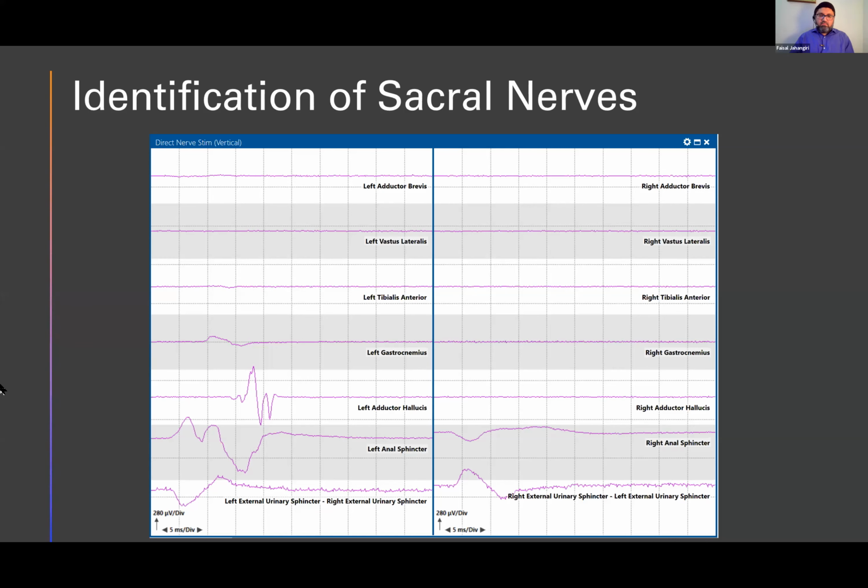So the autonomic nervous system supplies your bladder muscles, your rectal muscles, and the prostate. Those are the three organs in the lower pelvis which are supplied mainly by the autonomic nervous system. So we can monitor those. We do that monitoring when doing triggered EMG for the sympathetic or parasympathetic plexus or autonomic nervous system.